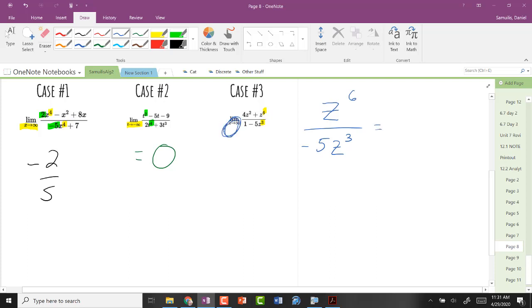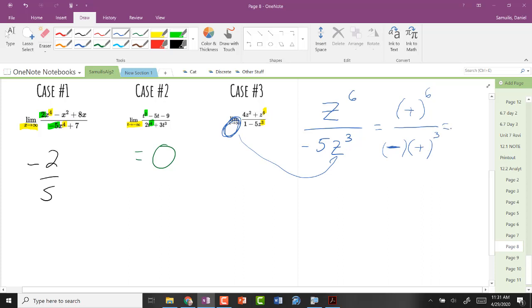We're going to plug in positive numbers, with the numbers getting bigger and bigger, and think about how the signs work. I'm taking a huge positive number to the 6th power. Then I have a negative number times a positive number to the 3rd power.